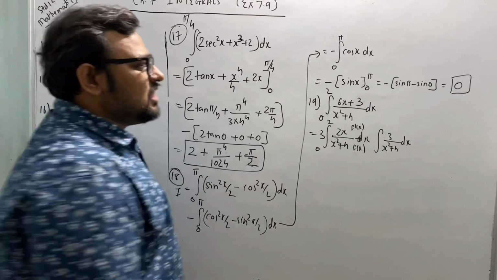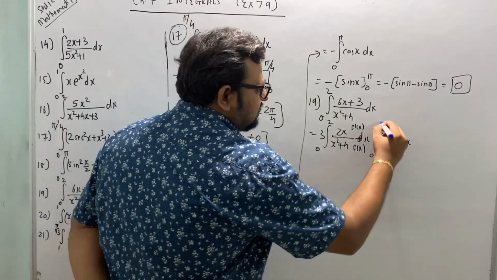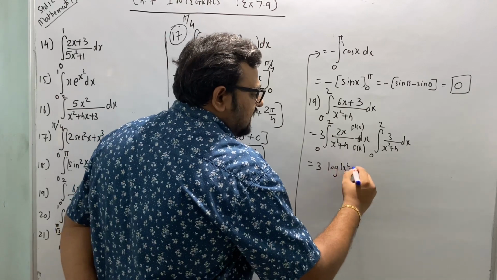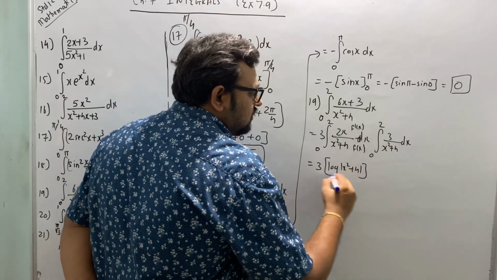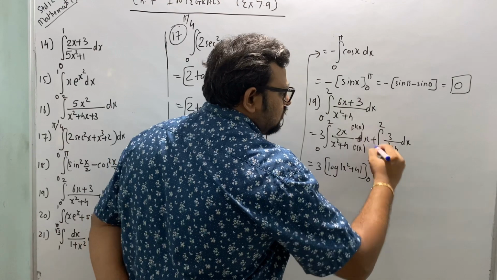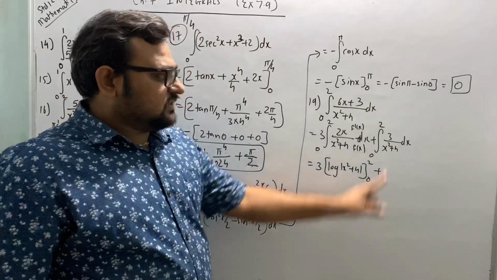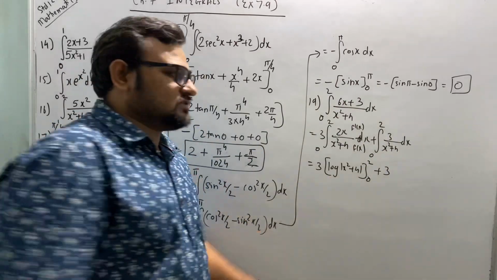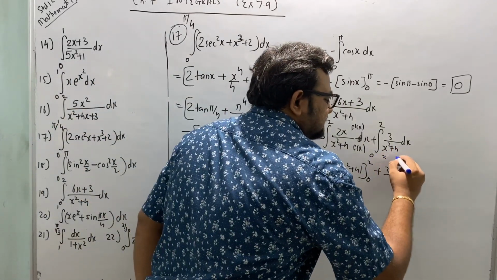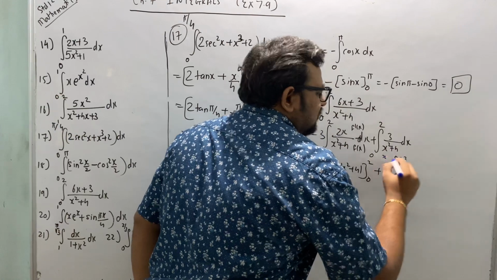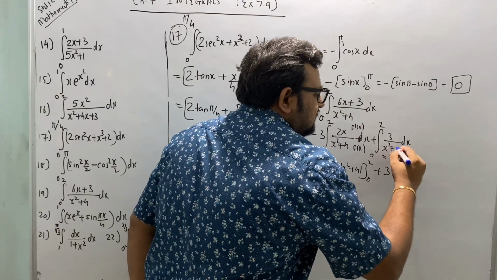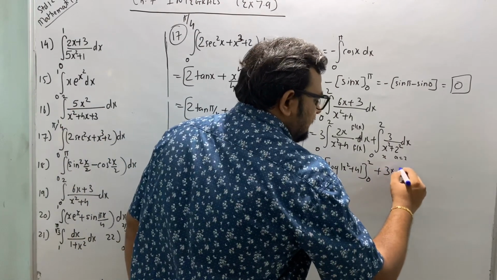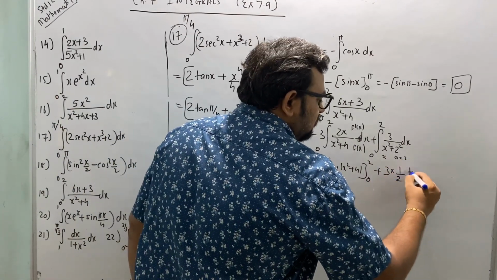So the answer will be log. Okay, let me put here the limit. This will be 3 log of x square plus 4 from 0 to 2 plus 3 constant outside. Now 1 upon x square plus 4, that is tan inverse. This is x and this a is equal to 2. I can write down this 4 as 2 square. So 1 by a, what is a? 2.